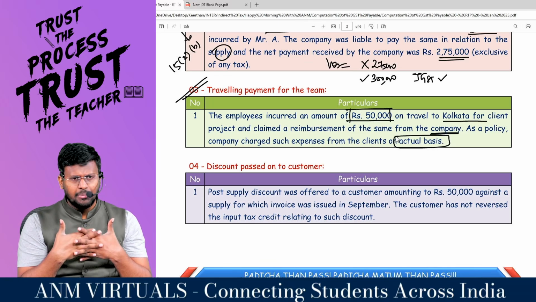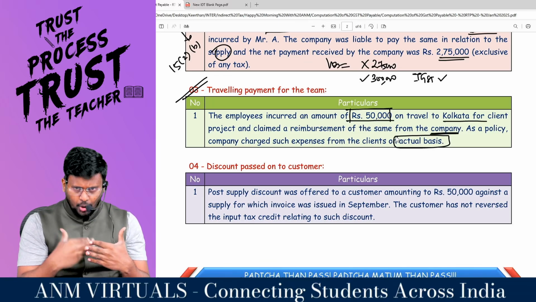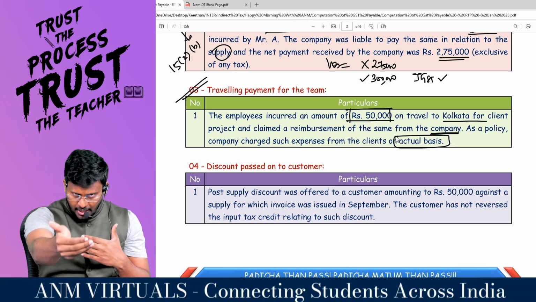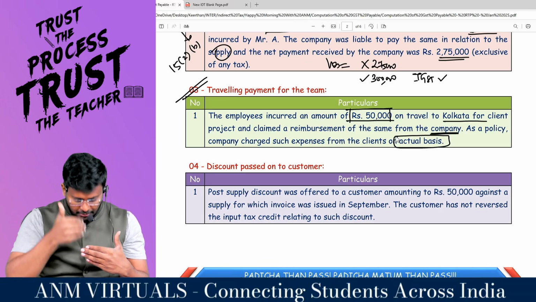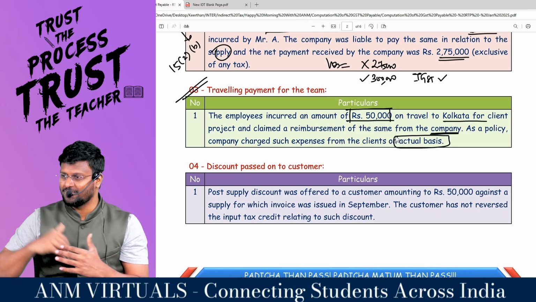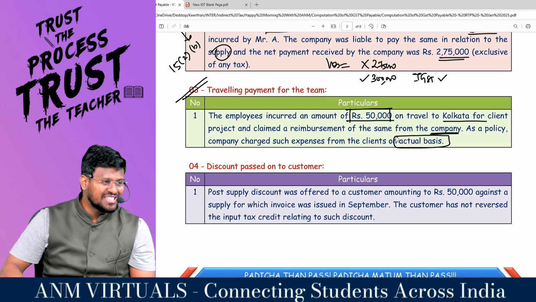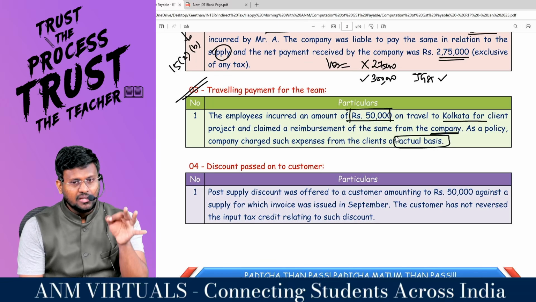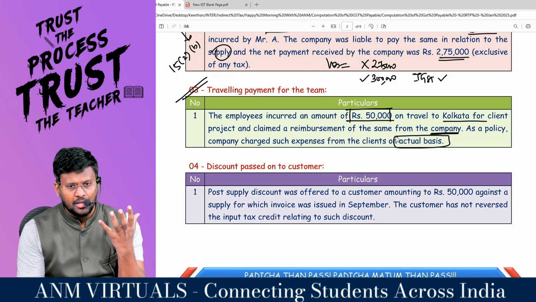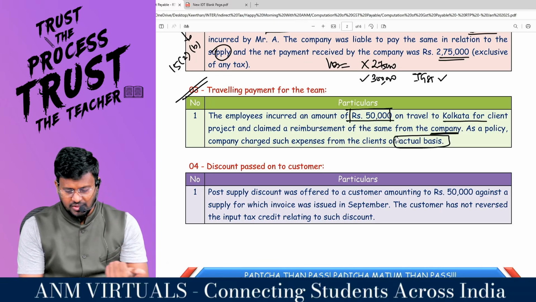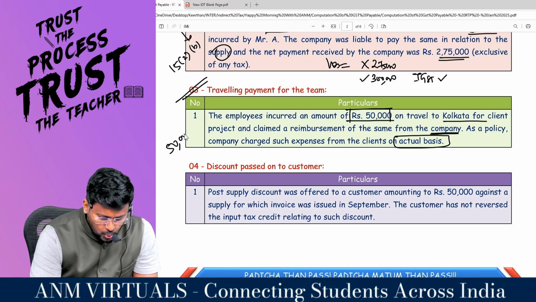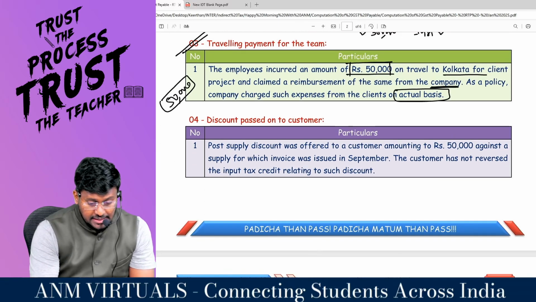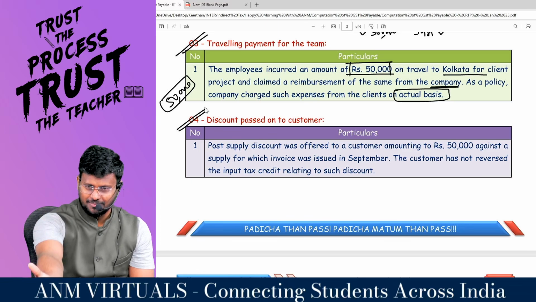I am having a company, I am having employees, my employees travel in order to do a particular job for my client. My employees collected the money from me, I collected from my customer. That means these are incidental expenses incurred. Sir, incidental expenses incurred are like a composite supply, and should be included in the value of supply. So for this 50,000, I should collect what? GST.